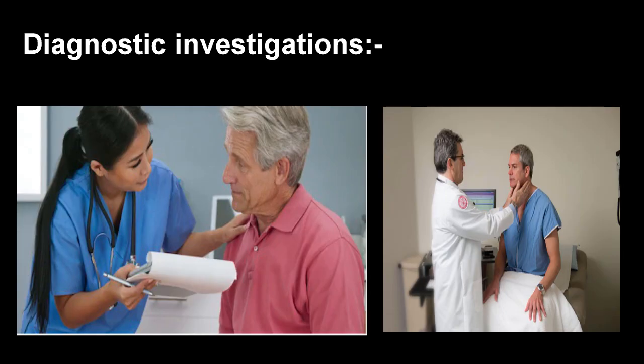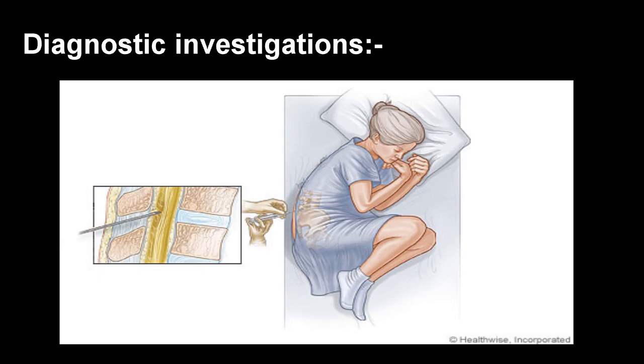Diagnostic investigations used to find multiple sclerosis. First of all, we have to do proper history collection and physical examination to collect the baseline data of the patient. After that, we can go to other investigations. The main investigation is LP and CSF analysis. LP means lumbar puncture.